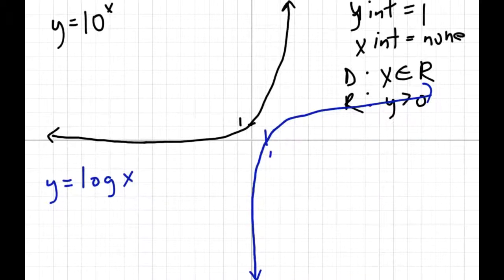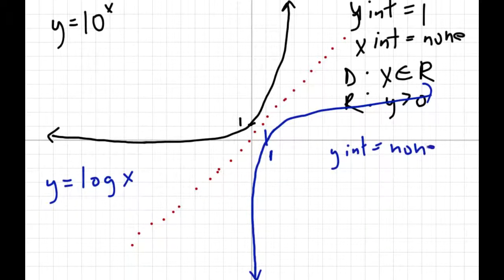So you can see what I mean when I say diagonal reflection. It's sort of like if we drew a diagonal line like that down the middle, you can see one graph is just sort of a reflection of the other. So for the log graph, you can see that now there are no y-intercepts. So our y-intercepts, there's none. And our x-intercepts, we have one of them, and in this case it's at 1.